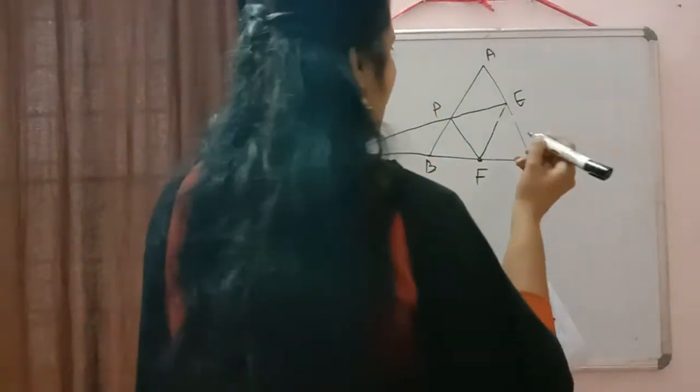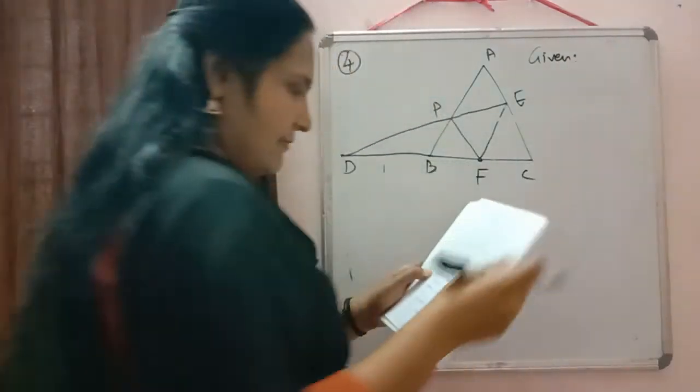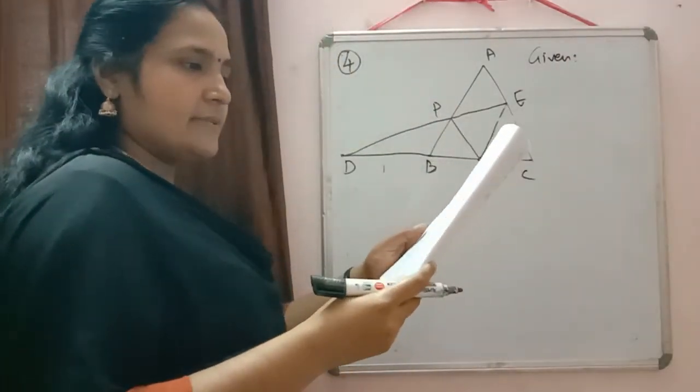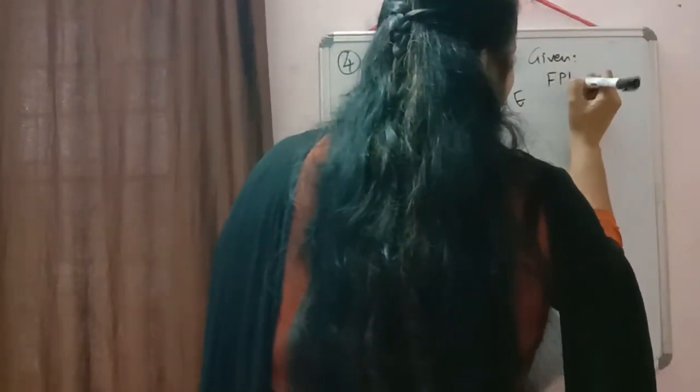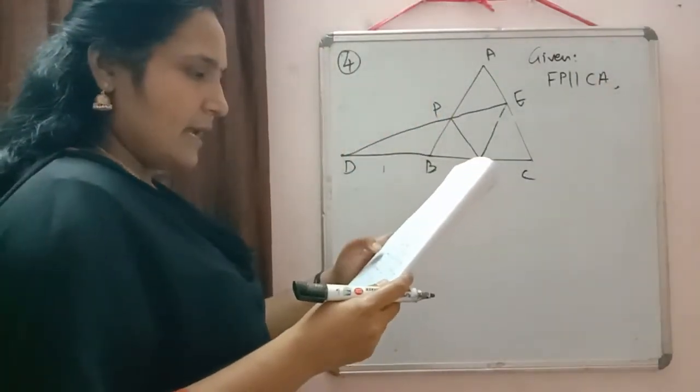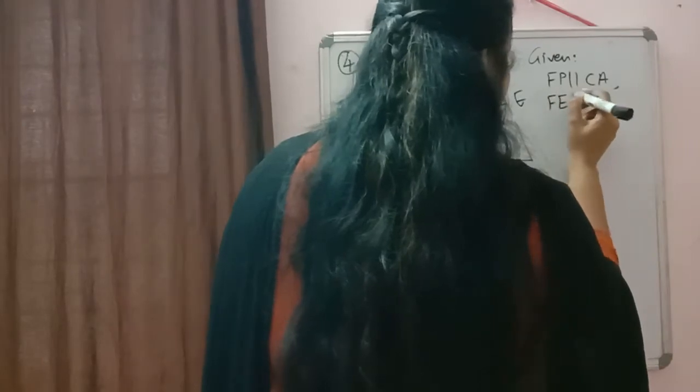Now first we can write what is given. What are the things given in this question? F is a point on BC. FP is parallel to CA. So the first condition is FP parallel to CA. Then we have FE parallel to BA.